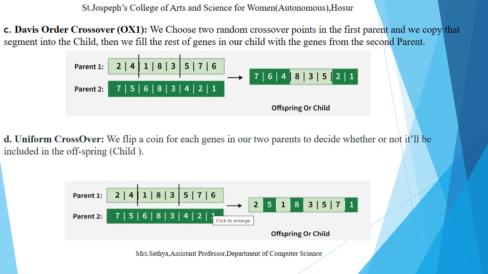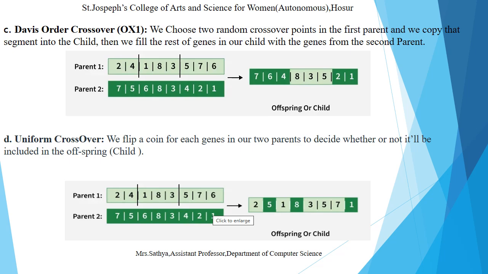Uniform crossover. The uniform crossover is that we randomly choose genes from either parent. Here we take 1 value from parent 1, then 1 from parent 2, then again parent 1, parent 2. It is like flipping a coin for each gene in our two parents.